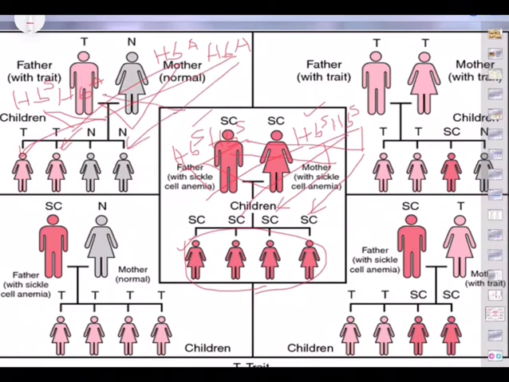Carrier. And HbS and HbA, again carrier, because sickle cell gene is there. And what about this combination? HbA from father and HbA from mother, normal. So the family is at least 50% lucky. 50% of children are carriers, 50% are happy, safe.